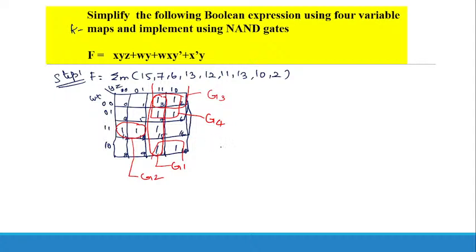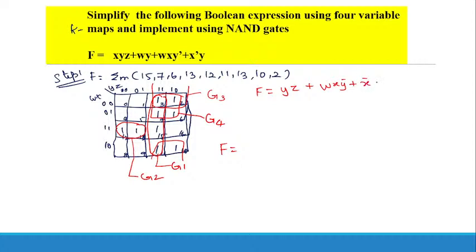Now what is the function, simplified function? I'll write it here. F is equal to G1 is what? YZ. G2 is what? A pair of WX with a common Y bar. Then G3 is what? A quad from top and bottom.